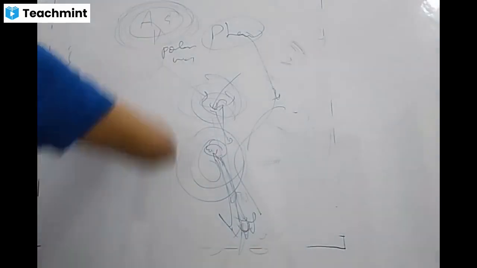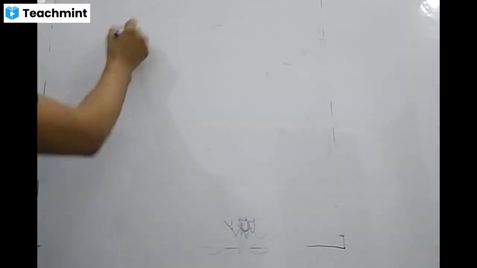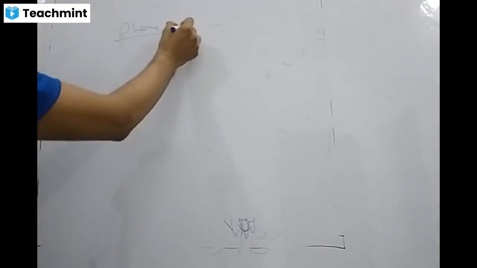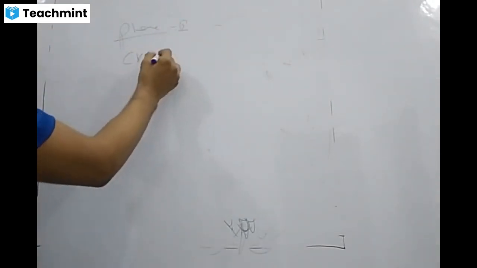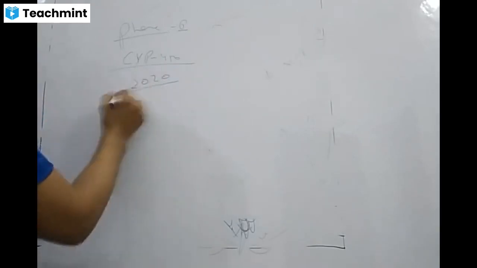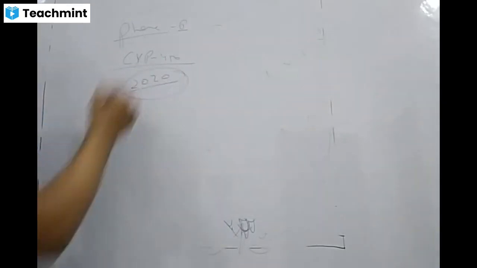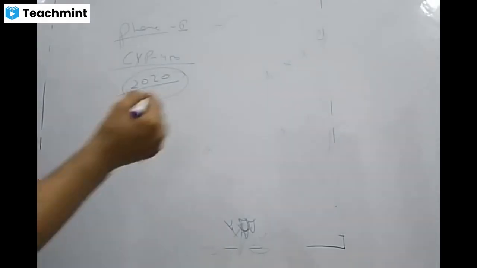Then what are the reactions which are included? In case of phase 1, the most common reaction is the oxidation reaction. These phase 1 reactions are carried out by one family of enzymes, the CYP 450 enzymes. In 2020, there was one MCQ asking which of the following enzymes carries out the majority of the reactions.